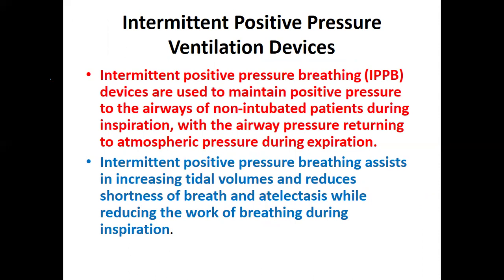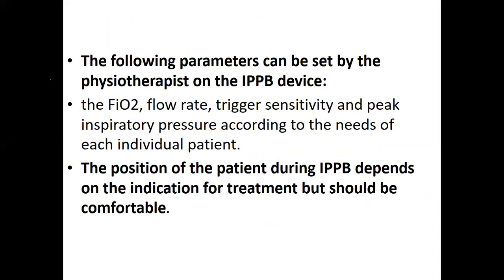Intermittent positive pressure breathing assists in increasing tidal volumes and reduces shortness of breath and atelectasis, while reducing the work of breathing during inspiration. The following parameters can be set by a physiotherapist: the position of the patient during IPPB depends on the indication for the treatment, but should be comfortable.